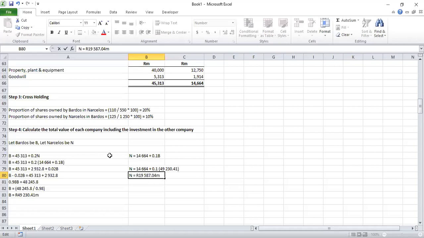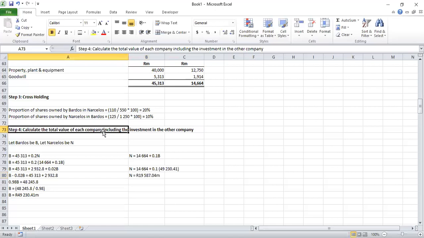So that is the value of each company, including the investment in the other company.